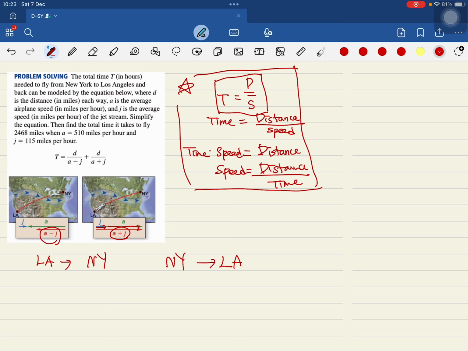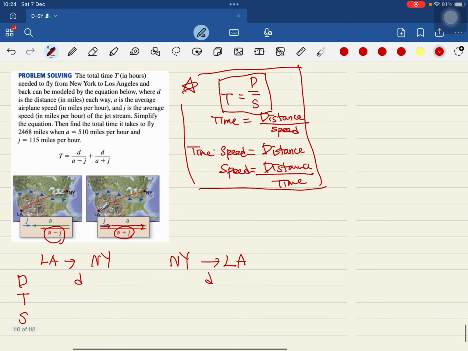Again, DTS. The distance is still D, the same distance of flight, and the speed is different. LA to New York is A plus J, and New York to LA is A minus J.